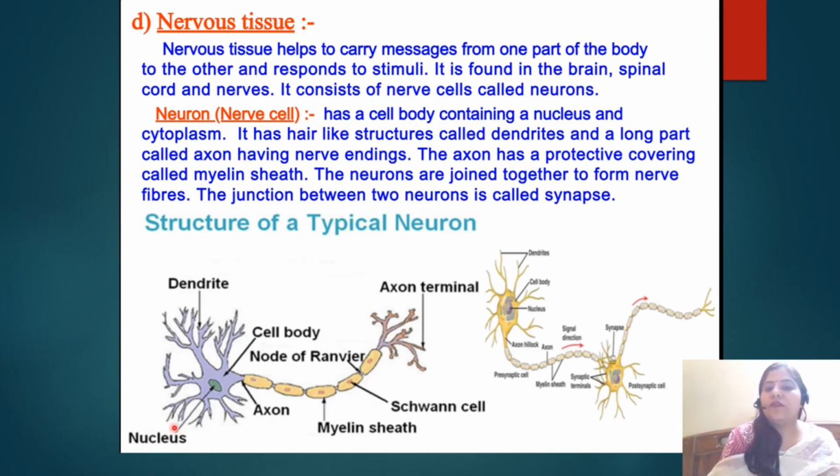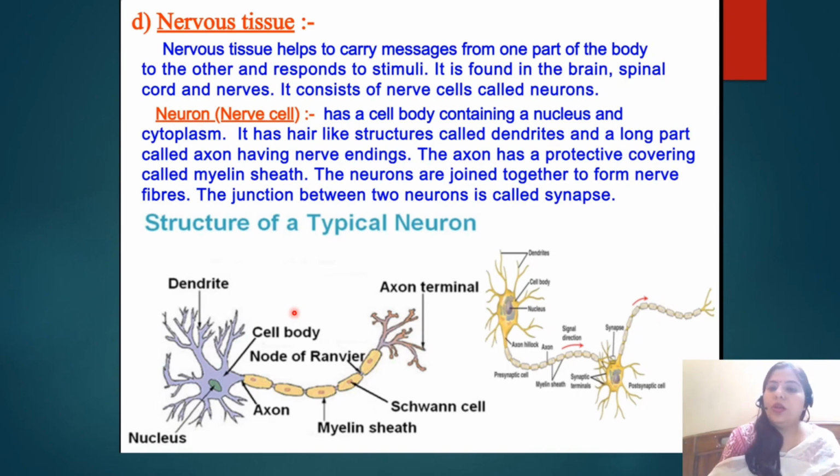So the structure of the neuron is very important. What are the different parts of a neuron is generally asked in the exam. Name the longest cell, or longest tissue. If there is a longest cell or longest tissue, the neuron is the longest tissue, and nervous tissue is present all over the body, and it helps in the transfer of messages.